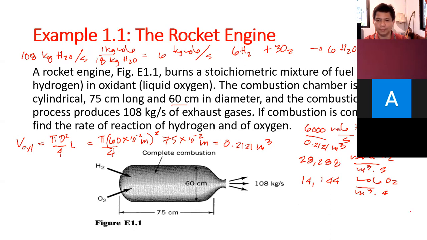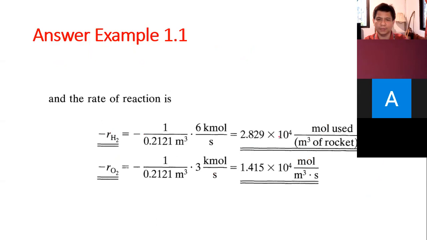So, do you have any questions regarding this solution? Is it right? Let's compare with the answer in the book. 28,000. This is 28,000, and this is 14,000.